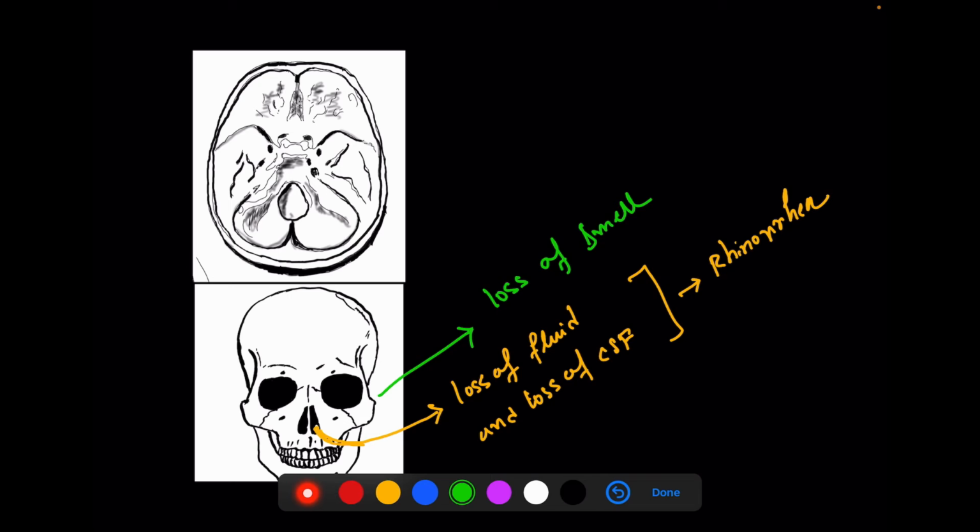And last, you may have an infection. Infection also occurs due to fracture, and that could result in what? Meningitis.